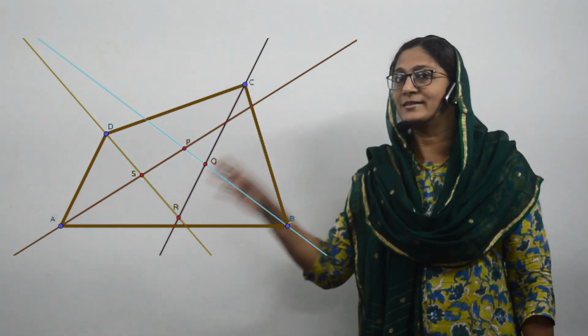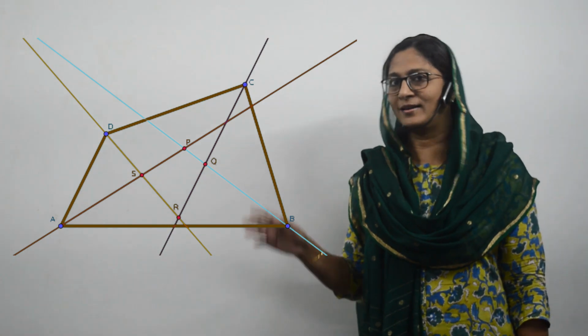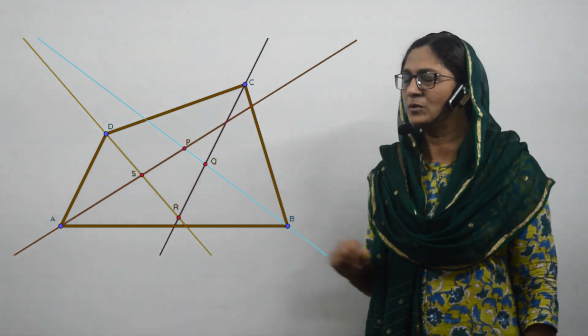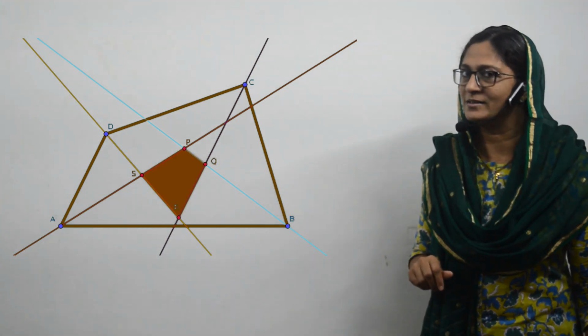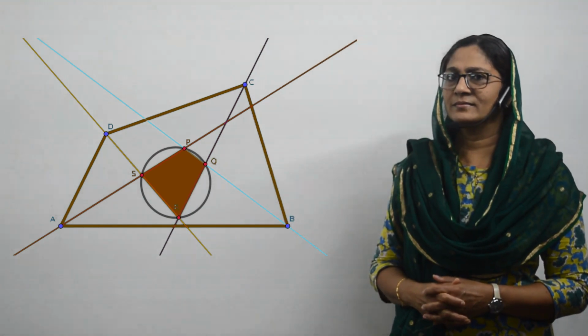We get four intersecting points. Let's name them as P, Q, R and S. As seen in the picture, PQRS forms another quadrilateral. You see the circle that I have drawn. It passes exactly through the points P, Q, R and S. What if I draw a different quadrilateral?